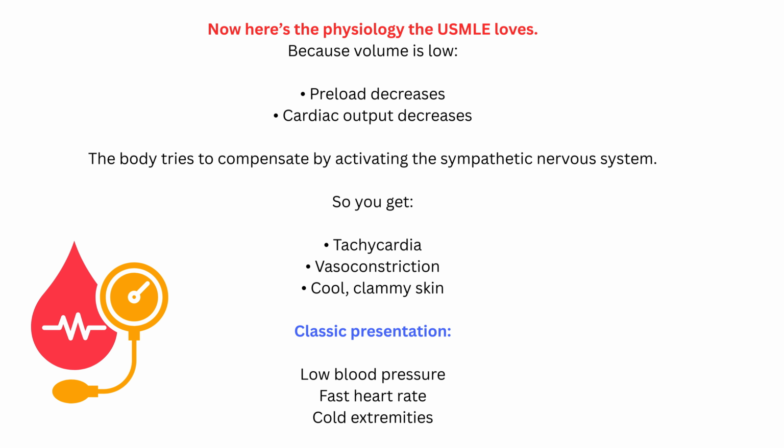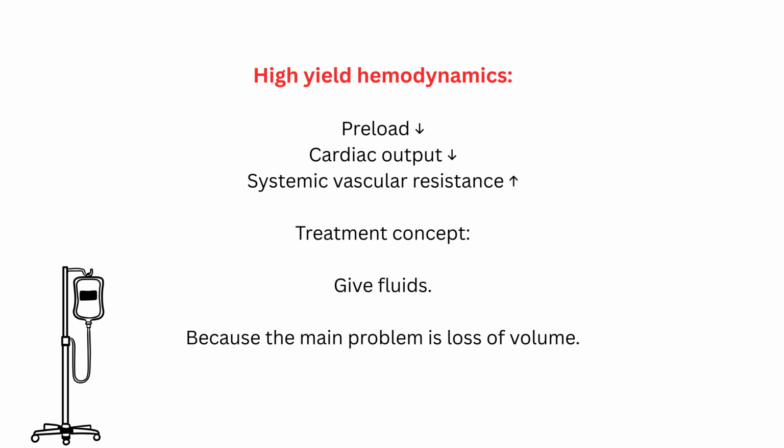Classic presentation: low blood pressure, fast heart rate, cold extremities. High yield hemodynamics: preload down arrow, cardiac output decreased, systemic vascular resistance increased. Treatment concept: give fluids, because the main problem is loss of volume.